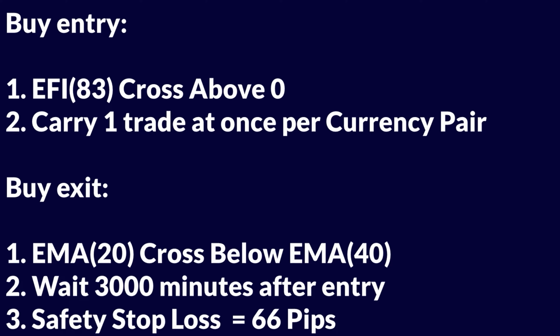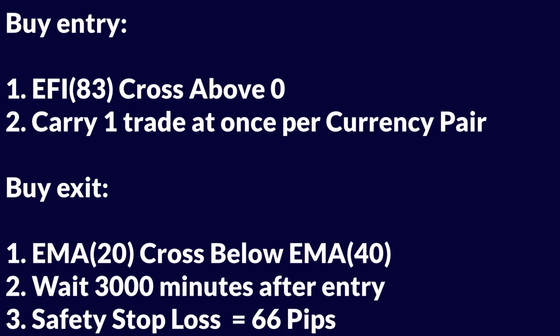So if the force index crosses the 0 line 200 times or even 2 times, you will only take the first trade and wait until you close the trade, and only after that you can open one. This reduces losses by 80% based on the statistics. So it is just an important rule to not overtrade. Then our exit rules are the following.